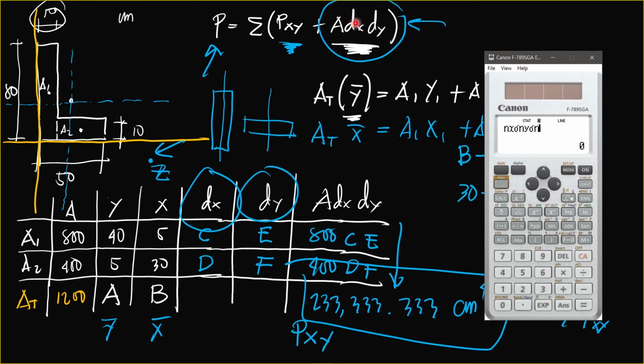DX and DY are the standard deviations of x and y on the calculator. When you press equal, you should get the same answer: 233.333 centimeters. Any question?